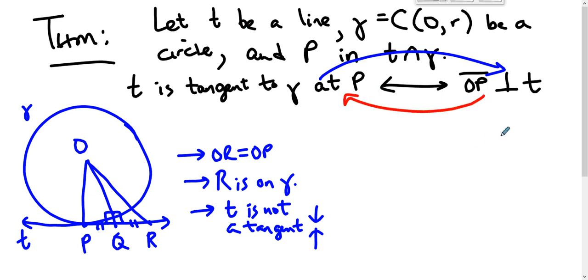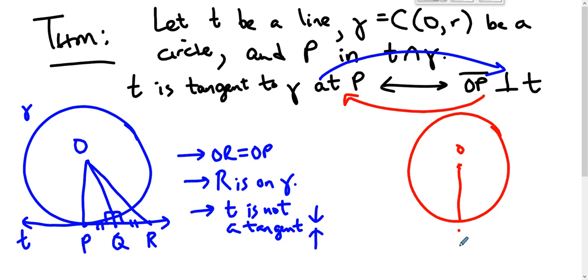We'll assume that OP is perpendicular to some line T, and we'll prove that T must be a tangent line. How do you prove that something is a tangent line? Well, tangent lines intersect once and only once.